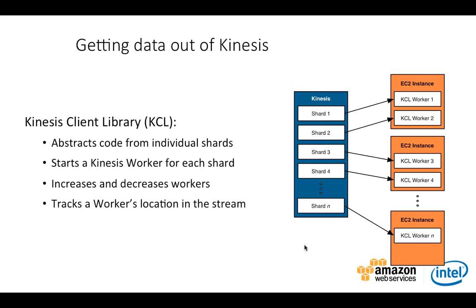It makes sure that every shard has a worker associated with it, so that you never have a shard that's being unread, and it will also increase and decrease workers depending on the number of shards you have in the stream. It also does the checkpointing that I referred to, to make sure that you know where you're up to in the stream.